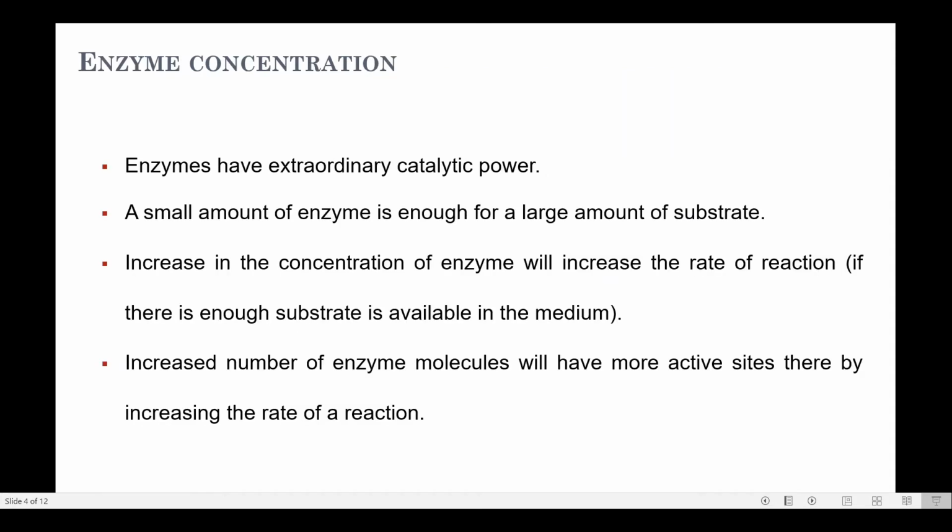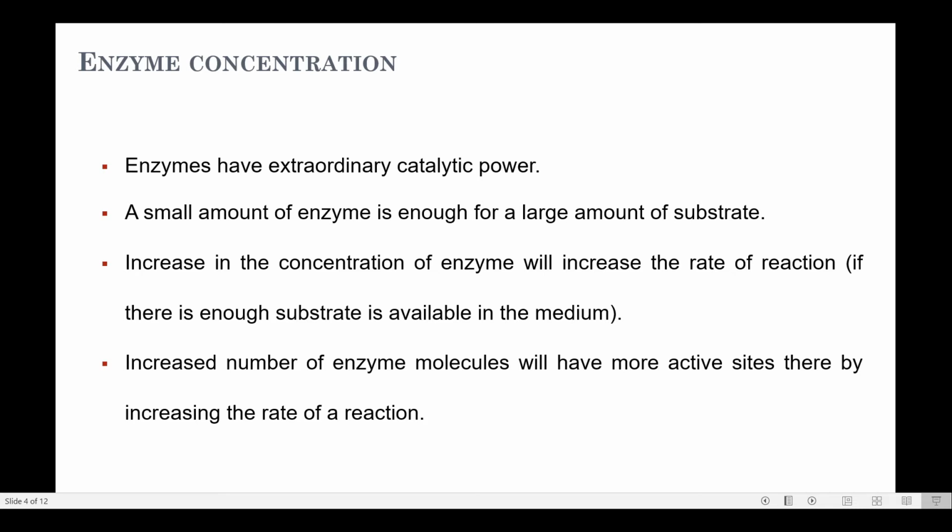Coming to the effect of concentration of enzyme, at constant pH and temperature, if an excess of substrate is present, the rate of reaction is directly proportional to the concentration of the enzyme. Enzymes have extraordinary catalytic power. A small amount of enzyme is enough for a large amount of substrate.